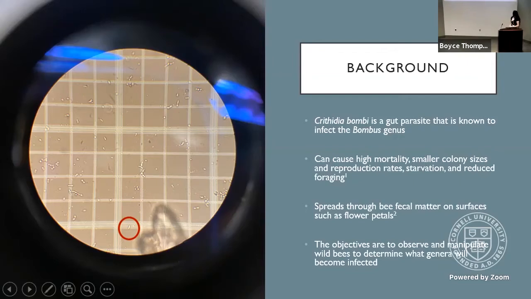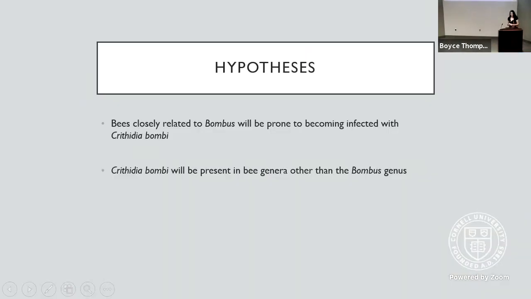My hypotheses for this: I had two experimental topics, manipulative and observational. The first hypothesis is that some bees that may potentially be closely related to the Bombus will become infected with Crithidia bombi. The reason I thought this was, if we know that in general some parasites can have some replication or co-evolution with their hosts, who's to say Crithidia bombi might not have some evidence to support that?